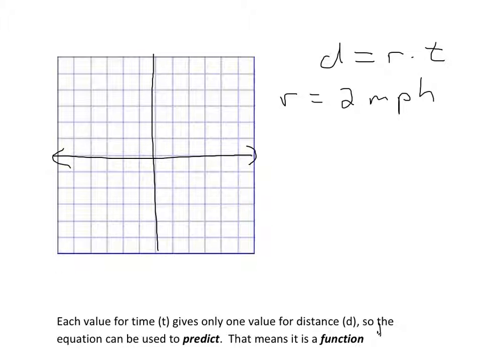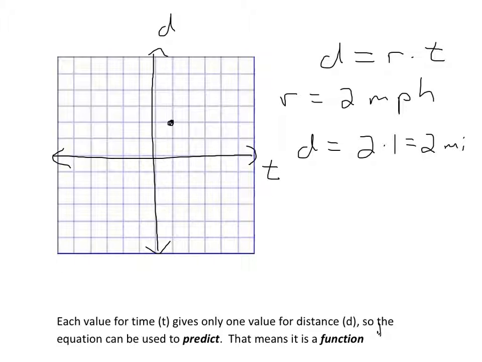Put the arrows on the end. So this axis here is going to be time, and this axis here is going to be distance. So after 1 hour, the distance you've gone is going to be 2 miles per hour times 1 hour, or 2 miles. So 1 hour for time, 2 miles for distance. That's that point right there.